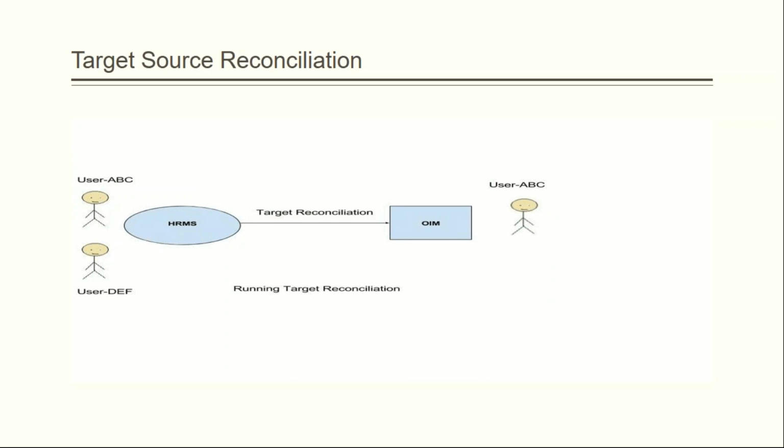This is called target source reconciliation, where OIM doesn't have that trust level in order to create the new user DEF. So this is the basic difference between trusted and target source reconciliation.